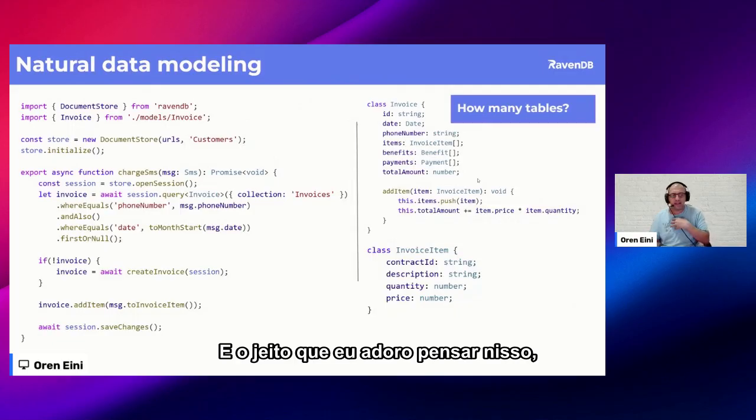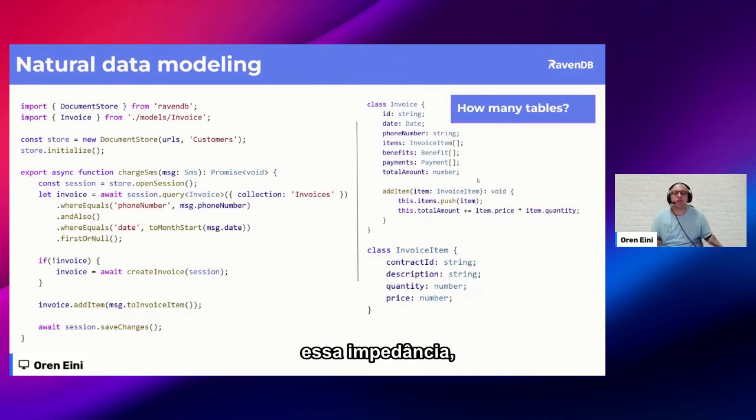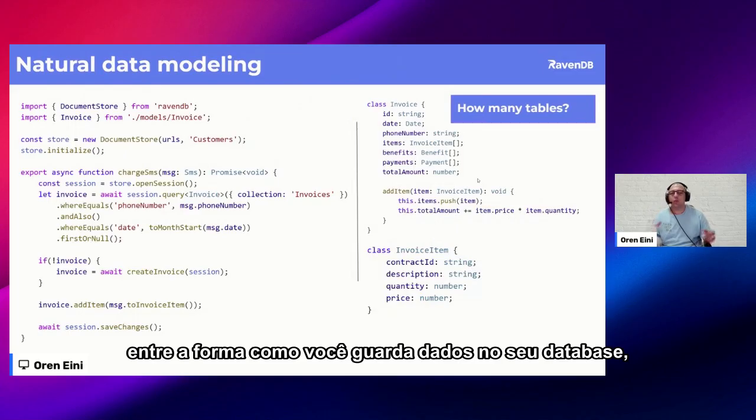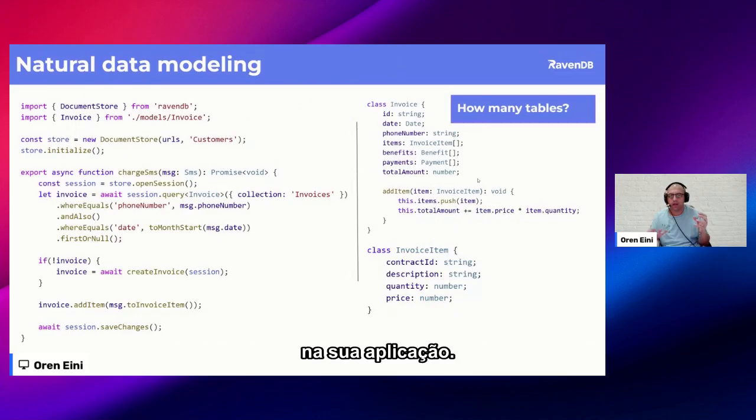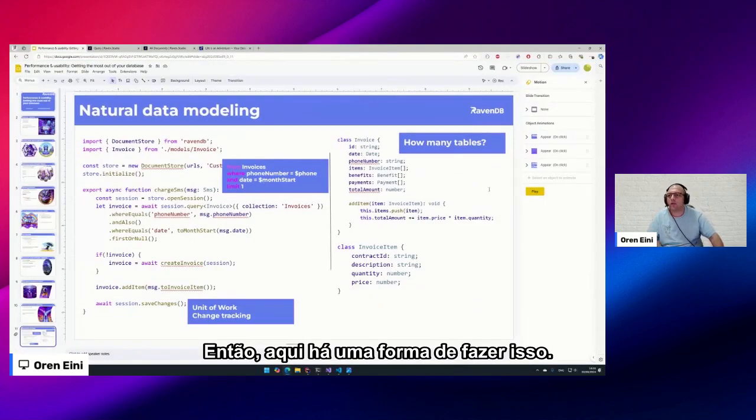And the way that I love to think about it is that there shouldn't be this huge divergence, this impedance mismatch, between the way you store data in your database and the way that you store data in your system, in your application. So here is one way of doing that.